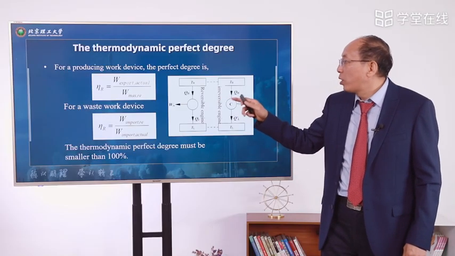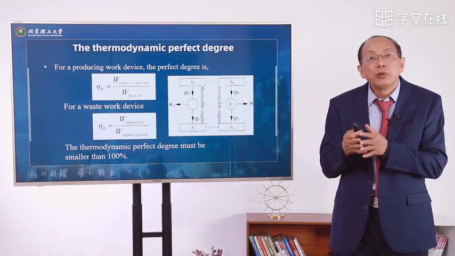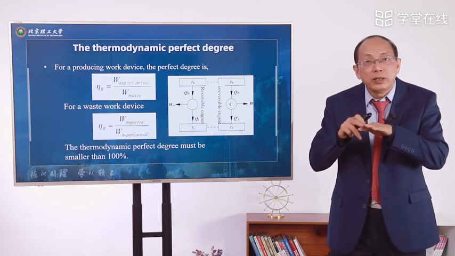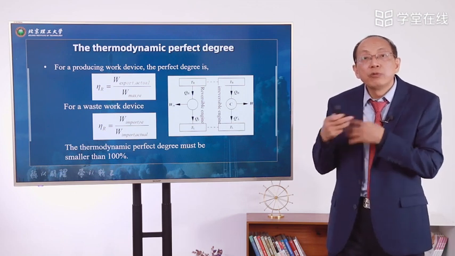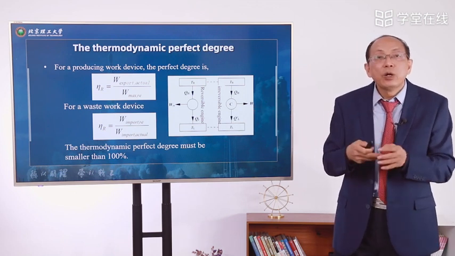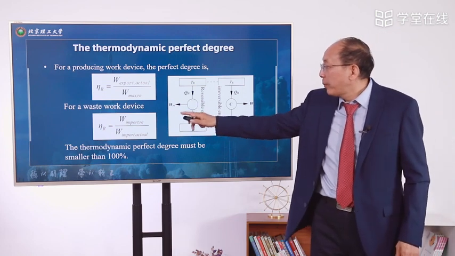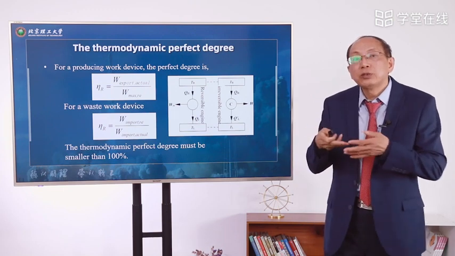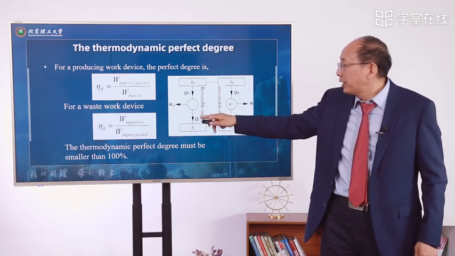For a work-consuming device, the work consumed in the reversible process certainly is smaller. In the actual irreversible process, certainly more work is consumed. So in this case, W import is the work sent into the system, and R is the ratio.